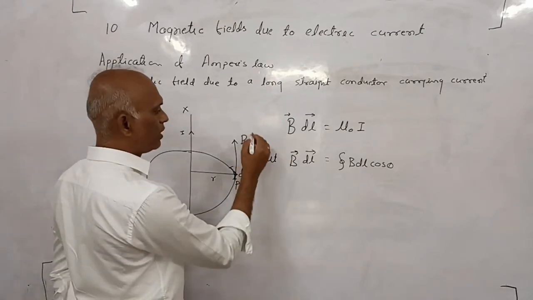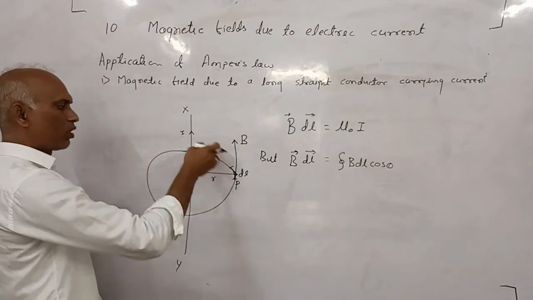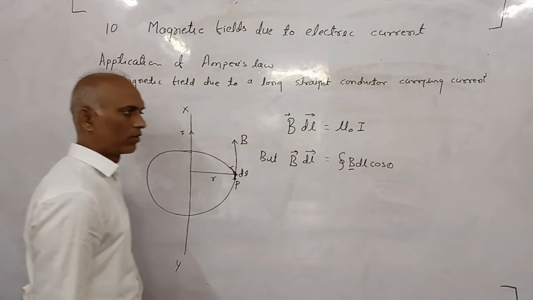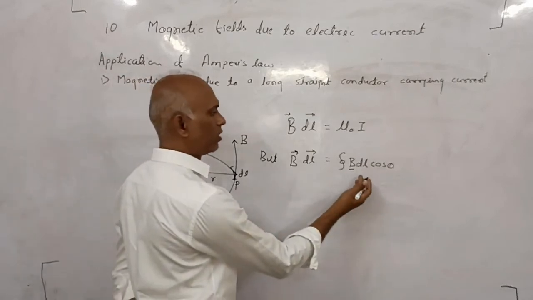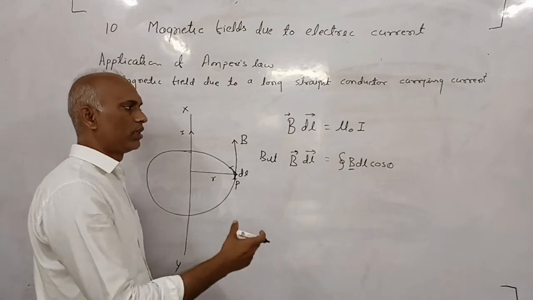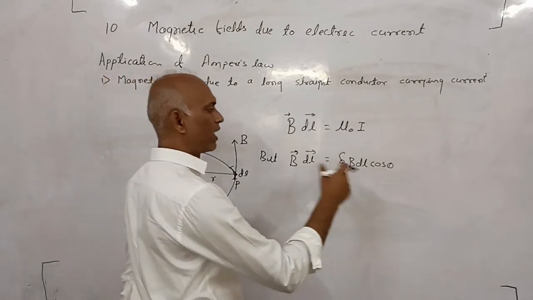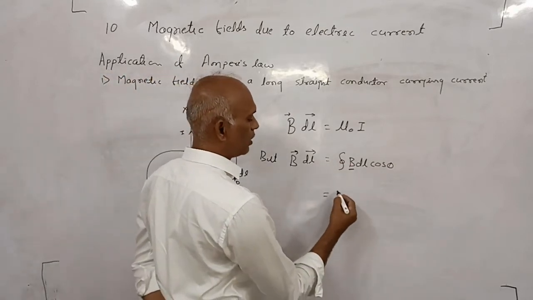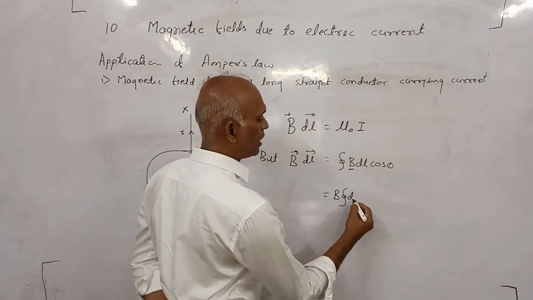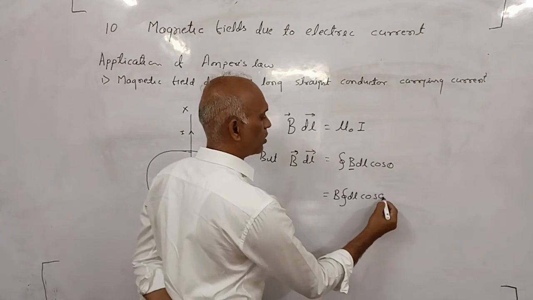So if B is the same in all directions, then it will be a constant factor. For integration, we do not integrate the constant factor; we only take the integration of the varying factor. So it will be B times the integration of dl cos theta.